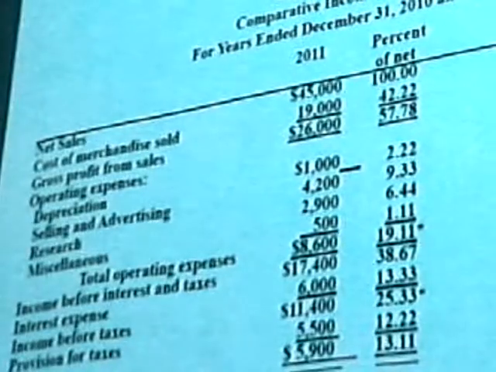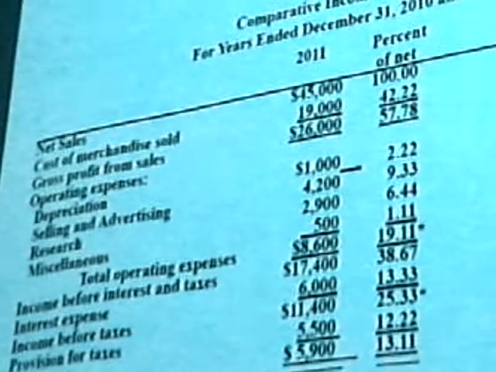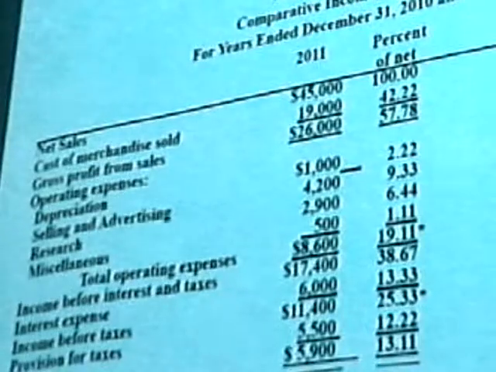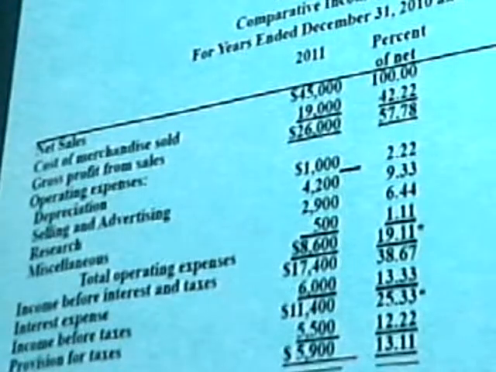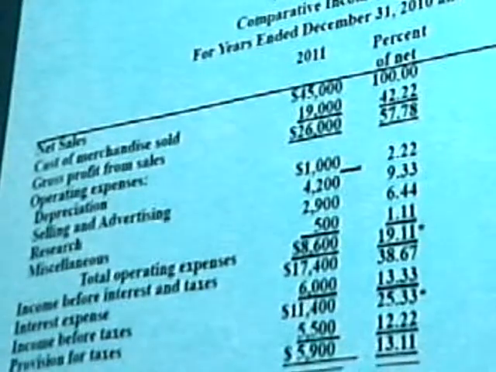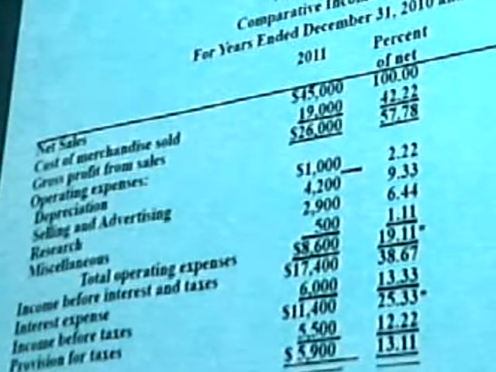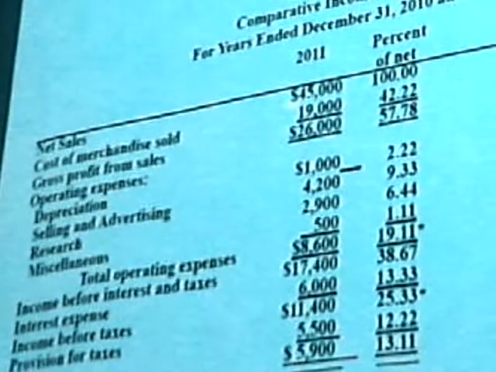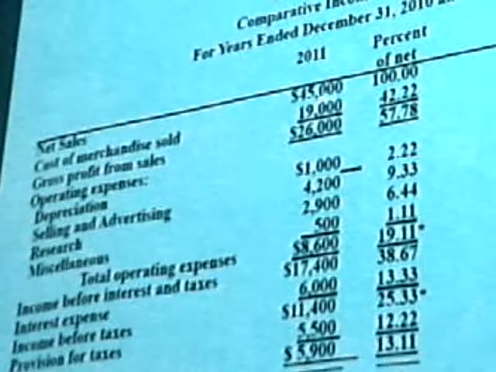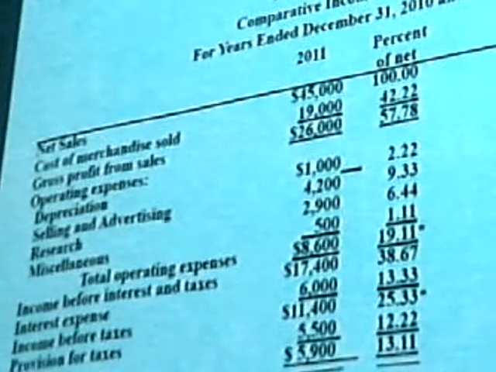So on. Now, the other one was based on what again? On the balance sheet, the base figure is down here. It's based on net sales here. No, I'm saying the other one was based on total assets.